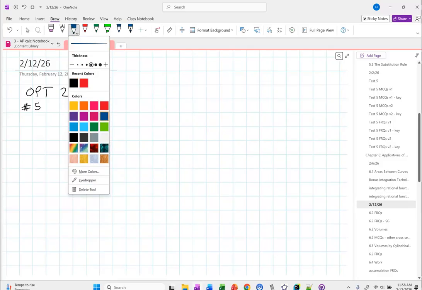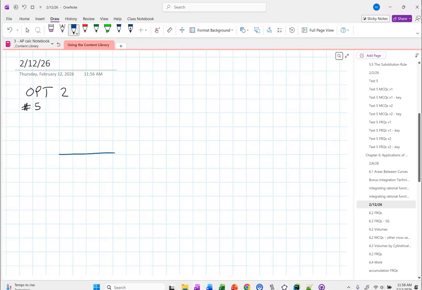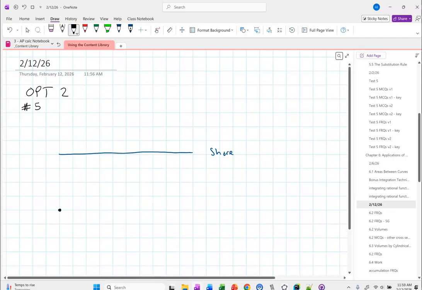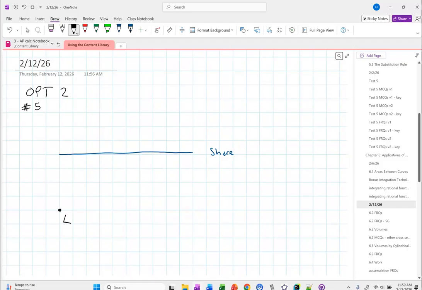Okay, well, let's imagine a picture here. So there's my shoreline. My lifeguard is somewhere here, and my swimmer somewhere over there, right? We're told that this distance is 100.